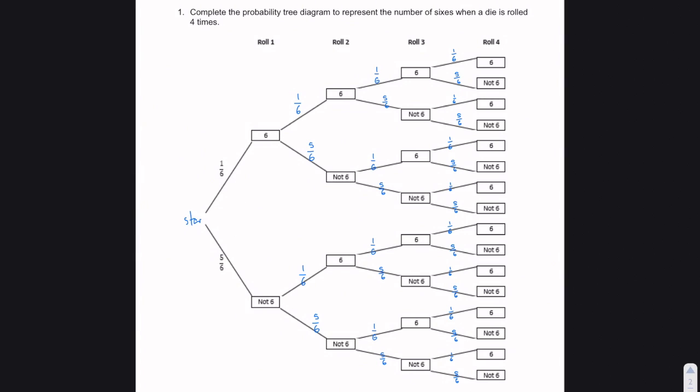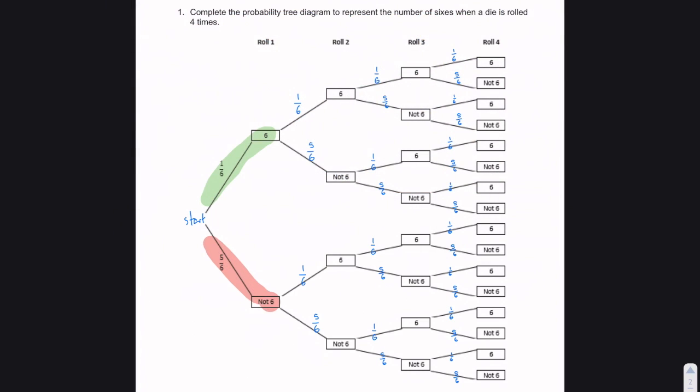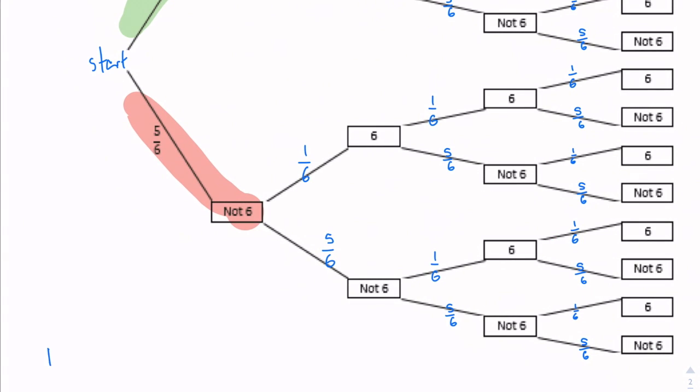Start. If I got a 6, the probability was 1/6. If I didn't get a 6, the probability was 5/6 because, you know, I didn't get it. So getting a 6 is what we consider success, and not getting a 6 was a failure. So this is technically what we call a Bernoulli trial.